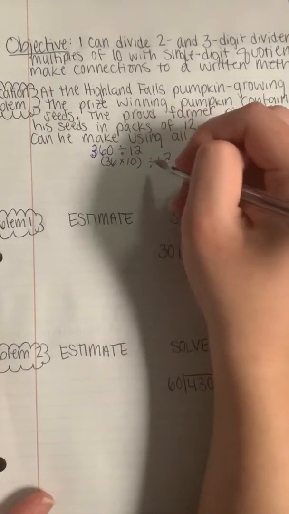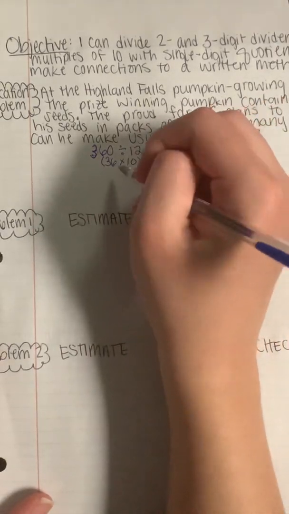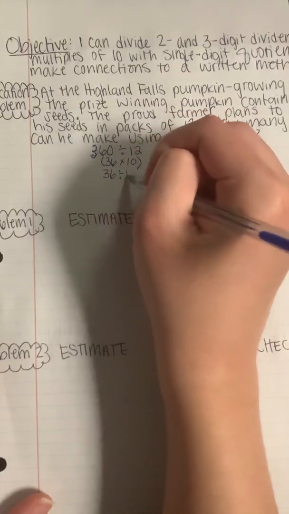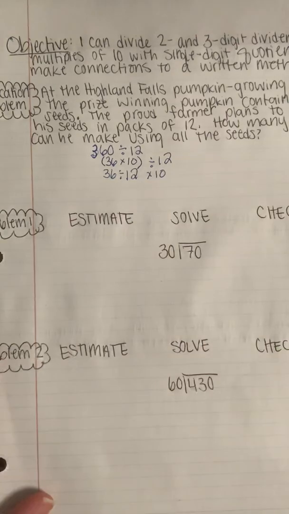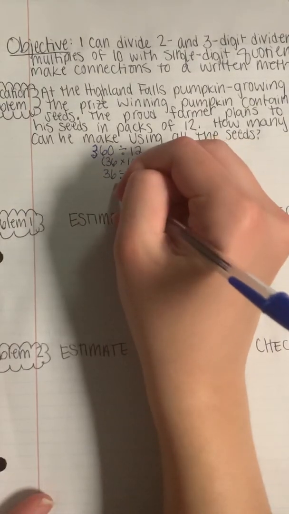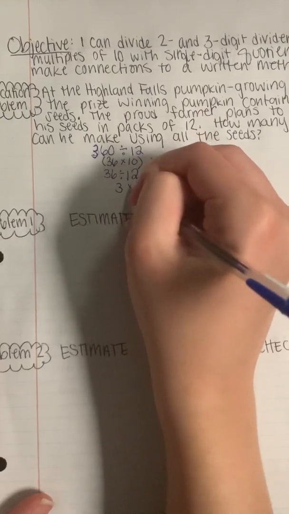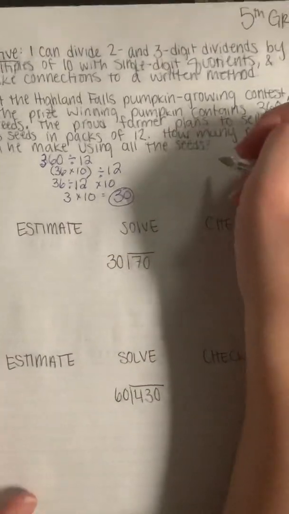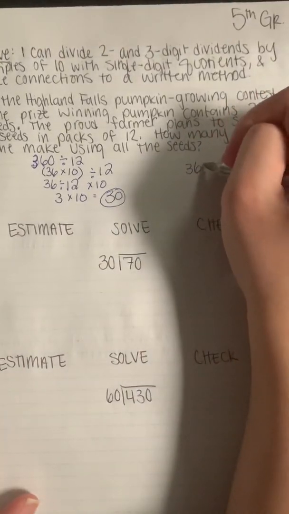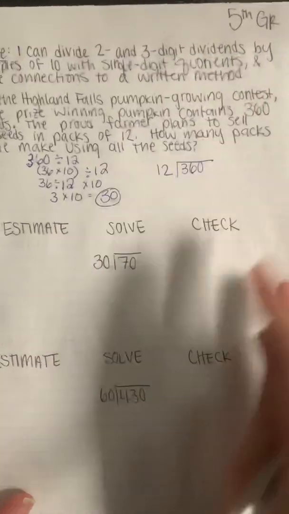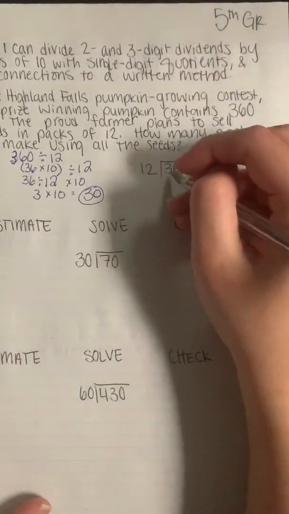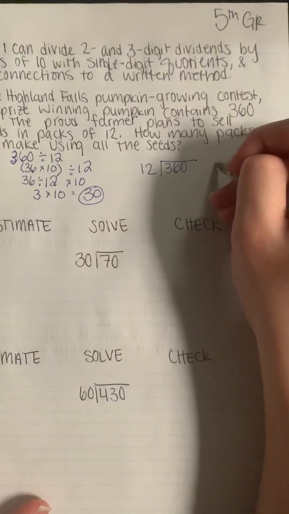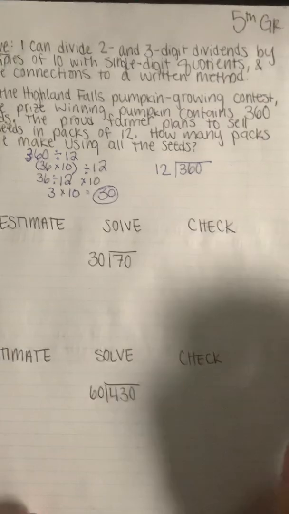Well, I can switch this around, so I can have 36 divided by 12, and then multiply the 10 after, because now I can do 36 divided by 12 is 3, and 3 times 10 is 30. You also could have set this up with regular long division, so 360 in here, 12 out here. You also could have thought, what's 36 divided by 12? 3. How many zeros are left? 1.